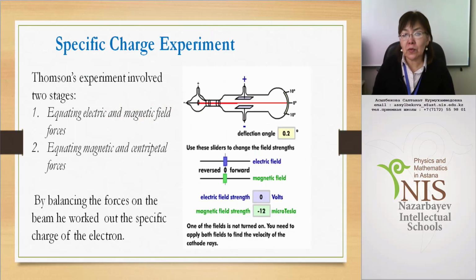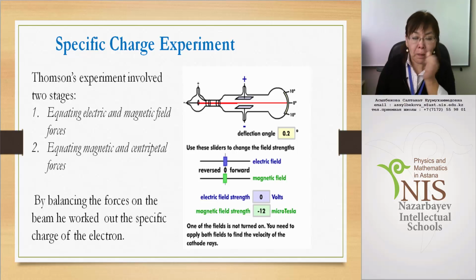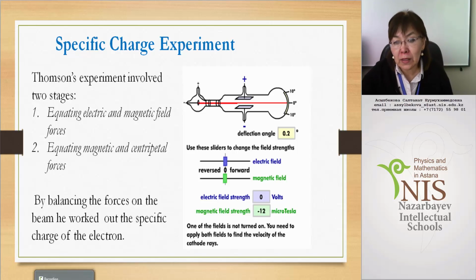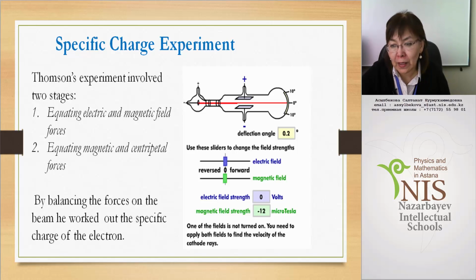The simple experiment was made in two stages: balancing the electric and magnetic forces, and then evaluating the magnetic and centripetal force. If you balance two forces and this balanced force acts on the beam, we can work out the so-called specific charge of electrons.